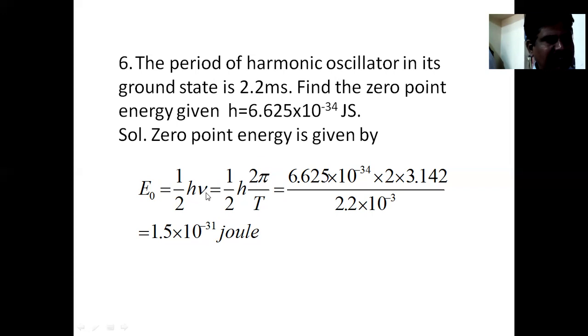Suppose if instead of nu you have omega, then omega equals 2 pi nu, but nu equals 1 by T. In such case you have to write 2 pi. But here you don't need to write that 2 pi. So directly write 1 by 2 into h divided by T. You don't write 2 into 3.14. Just simplify these two terms.